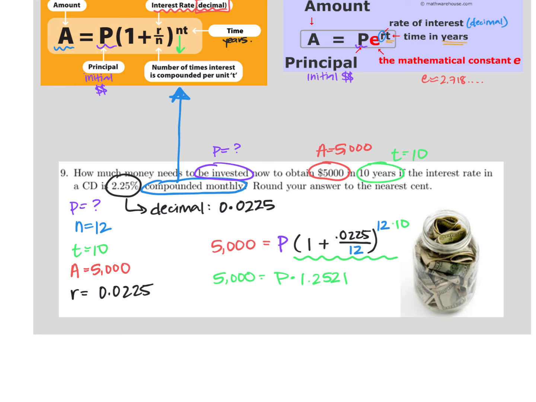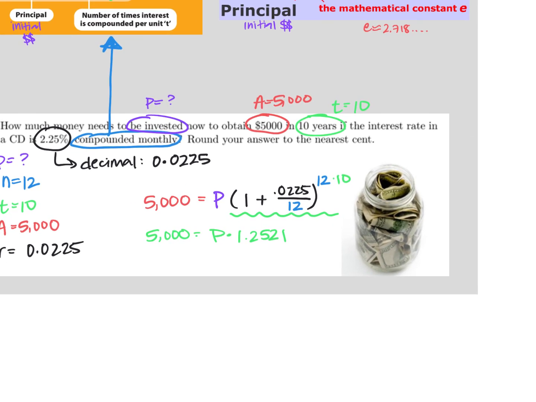So to solve for p, I'm going to divide both sides by that value. Leaving me with a principal amount of $3,993.29.